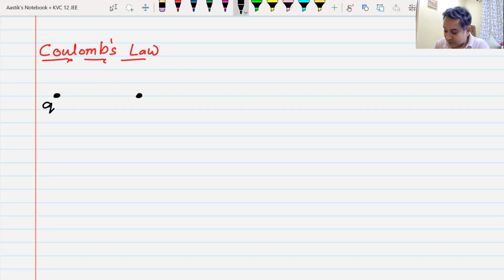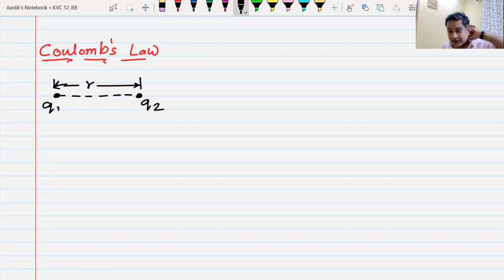You have two charges, Q1 and Q2, separated by a distance r. F is equal to KQ1Q2 by r square. It gives us the force between the two charged particles.